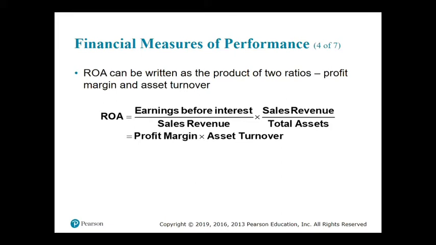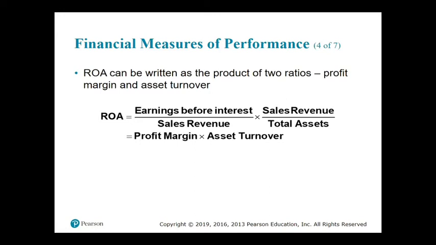Now, the return on asset can also be written as a combination between two ratios. One is the profit margin, one is asset turnover.